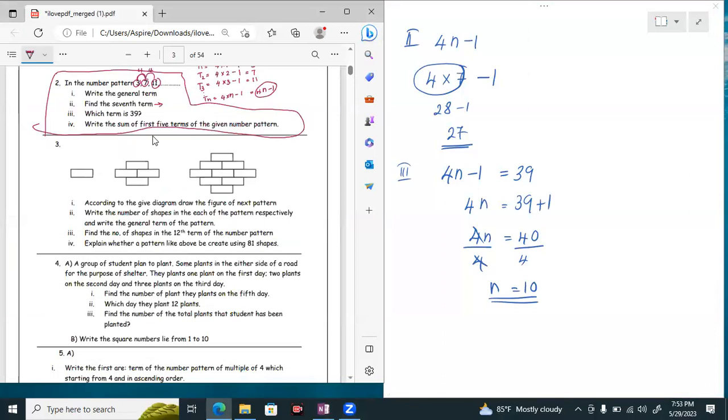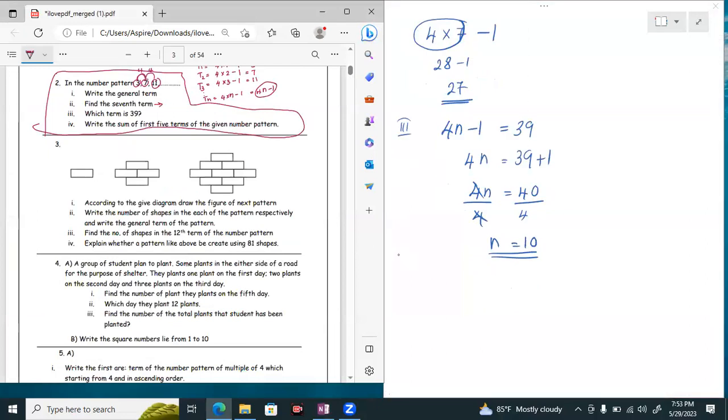Write the sum of the first 5 terms of the given number pattern. We know 3 terms: 3, 7, 11.